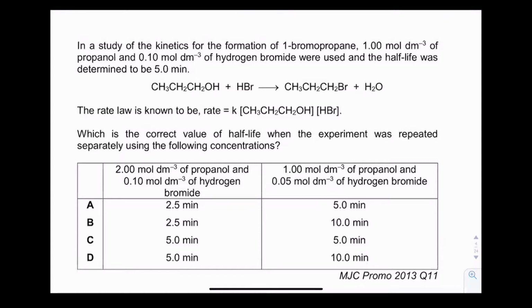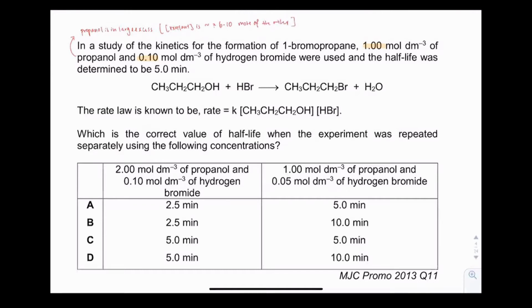Once you look at the values of the concentration, you should notice something. The concentration of propanol is 10 times that of hydrogen bromide. So this tells us that propanol is in large excess. In general, how do we know when the concentration of one reactant is about 6 to 10 times more than the other reactant?